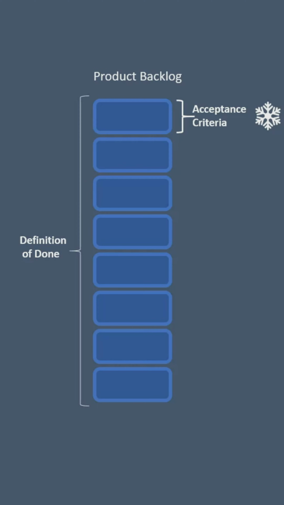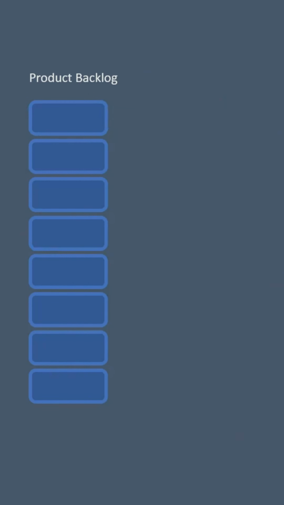And your definition of done will typically include things like testing, documentation, deployment, things that are not specific to a particular feature. It's the work that has to be done, how the work needs to happen, right, for building your product. So definition of done applying to all product backlog items, each product backlog item having its own acceptance criteria.